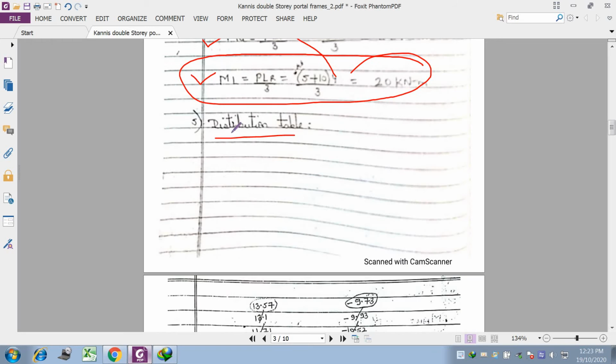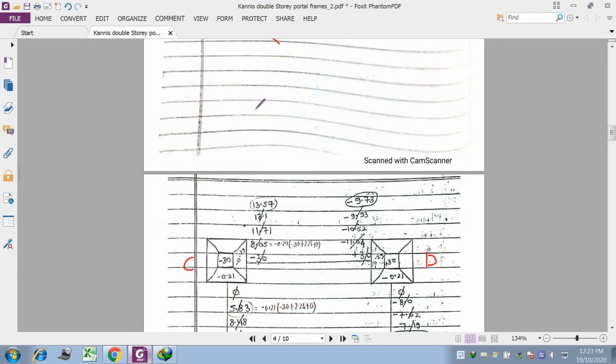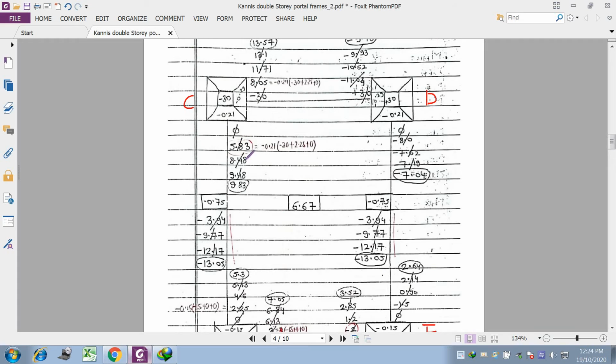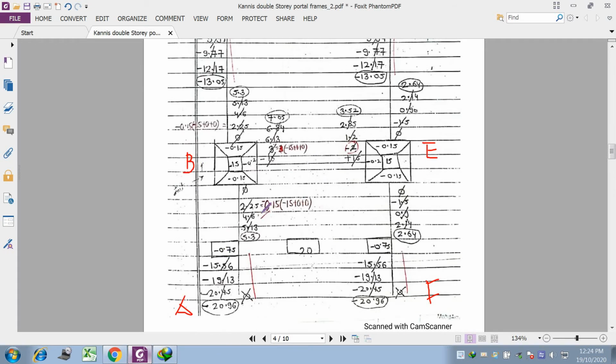Then the Kani's table, or Kani's diagram. Here we have to calculate the factors, the column factor and beam factor, very carefully.